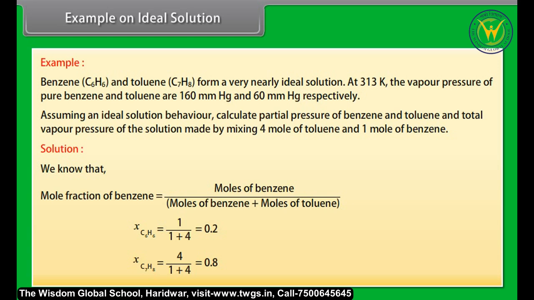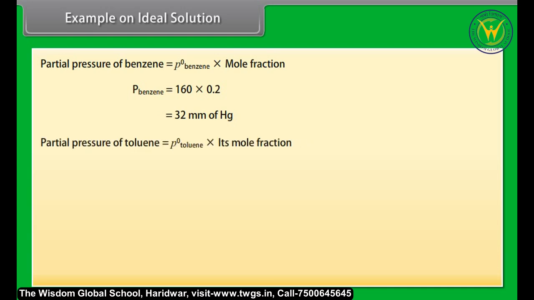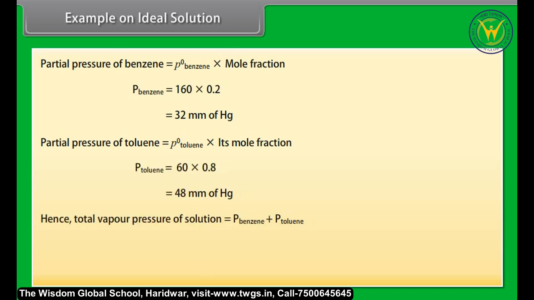Now, we calculate the partial pressure and we get partial pressure of benzene is equal to 32 mm of mercury. Similarly, partial pressure of toluene is equal to 48 mm of mercury. Hence, the total vapor pressure of the solution is equal to 80 mm of mercury.